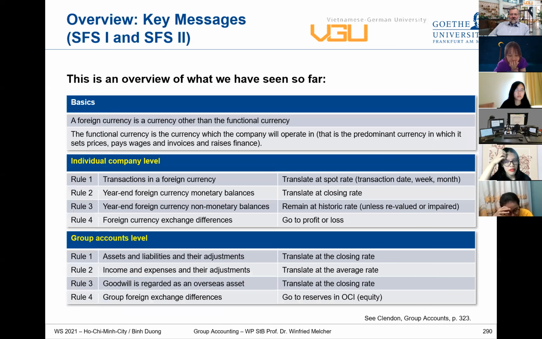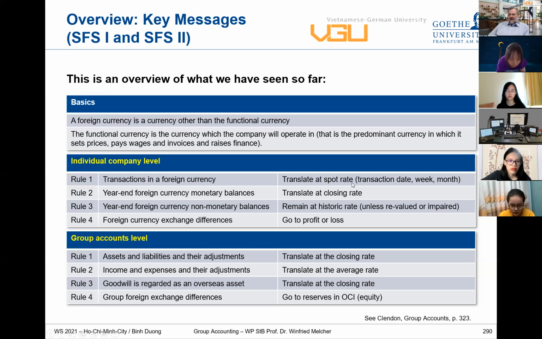Now let's look, what have we seen so far? So basically, when looking at foreign currency in a group, we first have to understand that we have two levels. We first have to look at the individual company level. We have transactions there, and those transactions are translated at a spot rate.